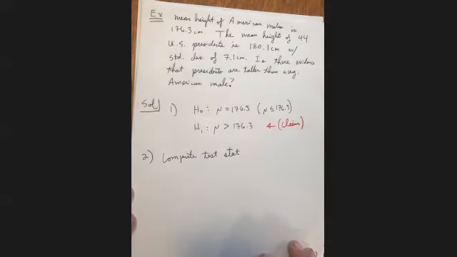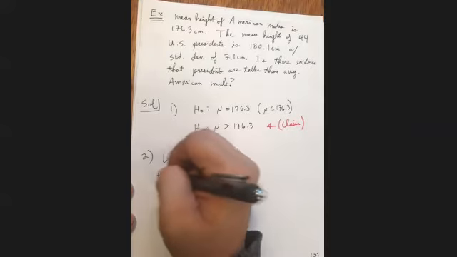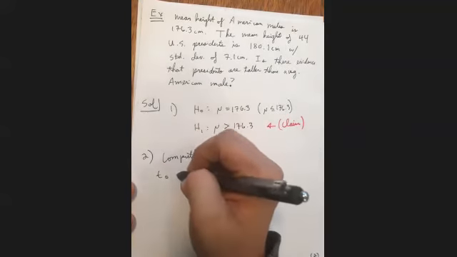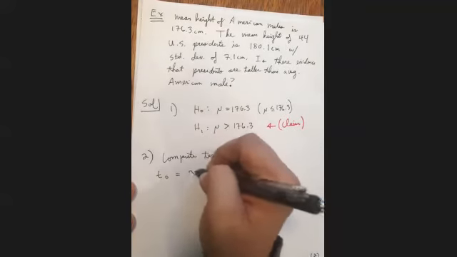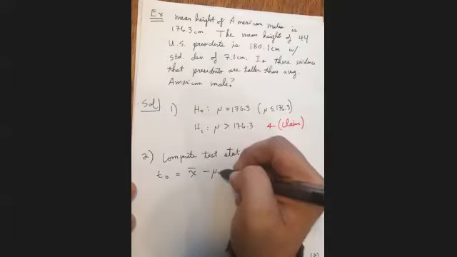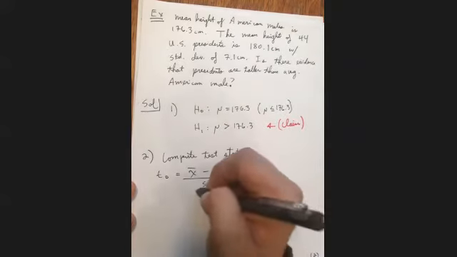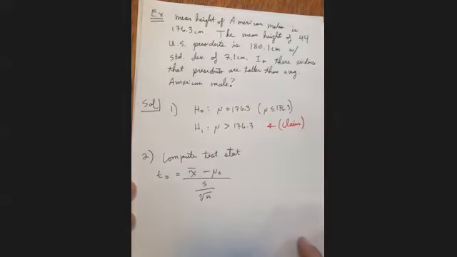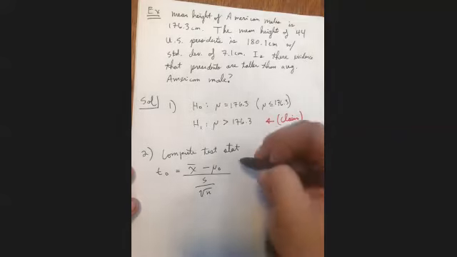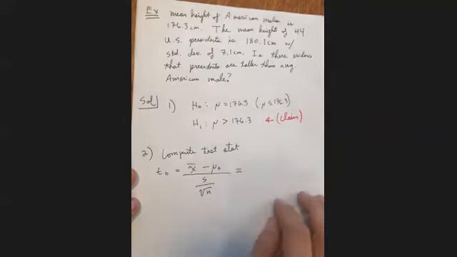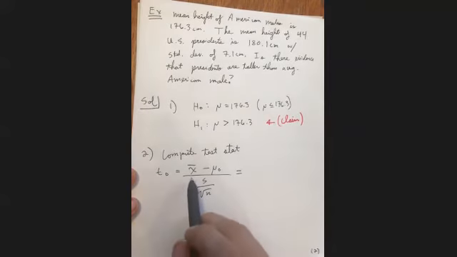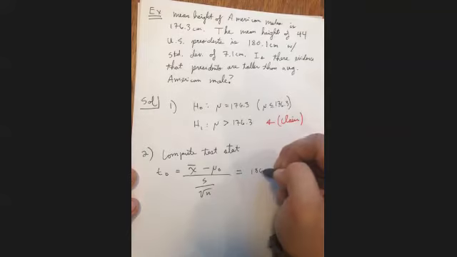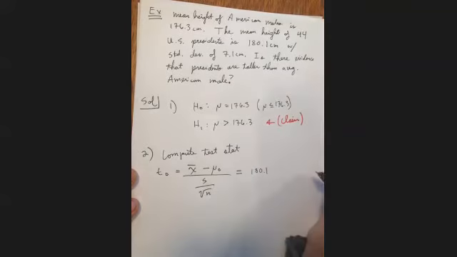Now we can do this directly. T naught is equal to X bar minus mu naught over S over root N. So this is a rather straightforward computation. X bar is our sample mean, which is 180.1.